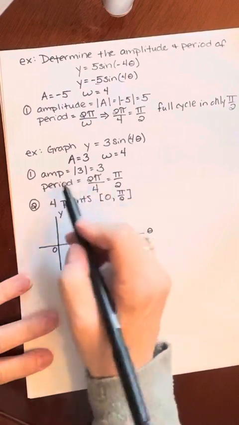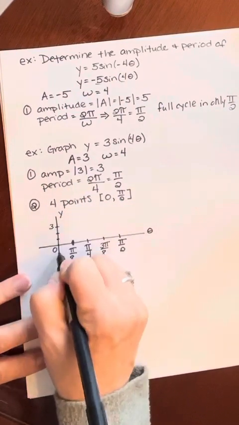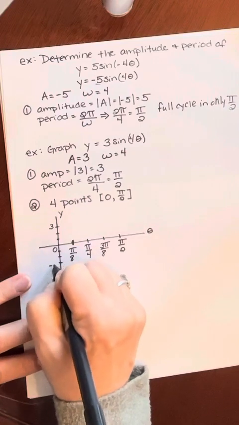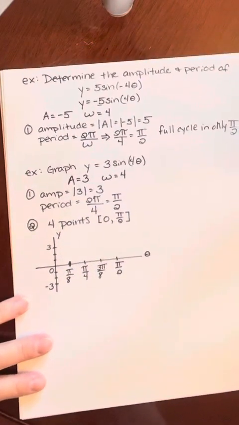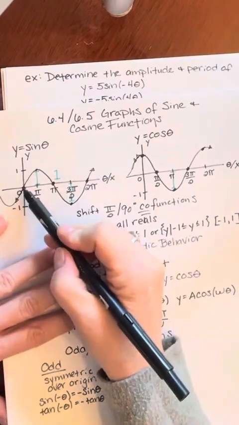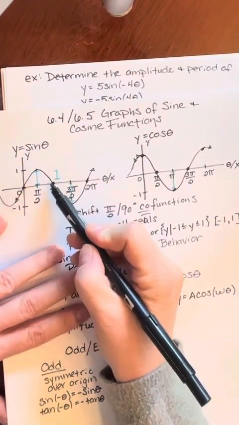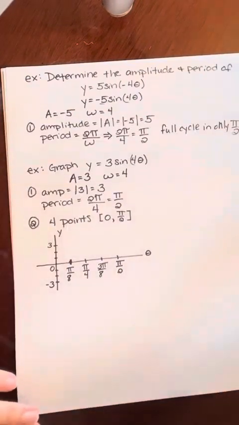Let's put in our amplitude so we know that it's going to have a maximum of 3 and a minimum of -3. That's what our amplitude tells us. And then we know what the sine looks like, right? We have the basic wave, starts at the origin, goes and hits its max, back to the 0, hits the min, back to 0. So let's follow that pattern.